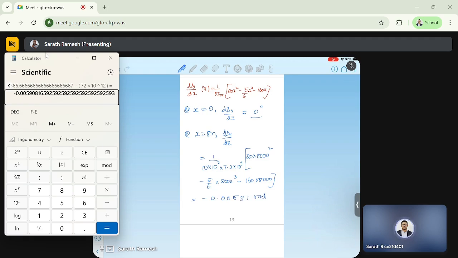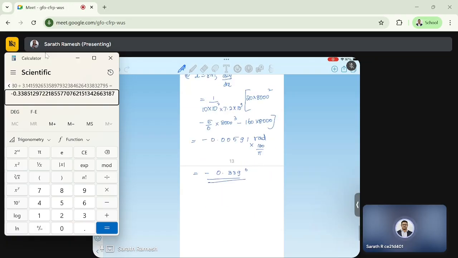I want it in terms of degrees, so I multiply by 180 divided by pi. So I'm getting negative 0.3439 degrees. This is what I'm getting.